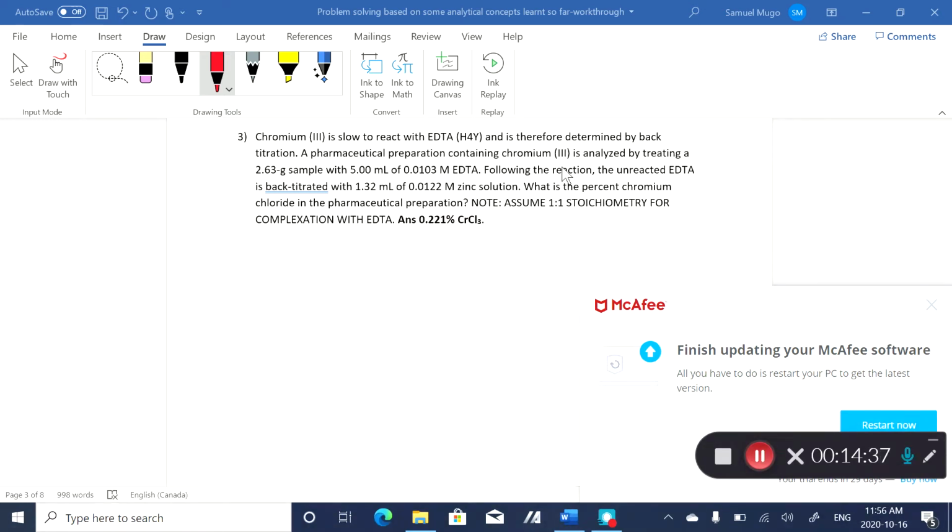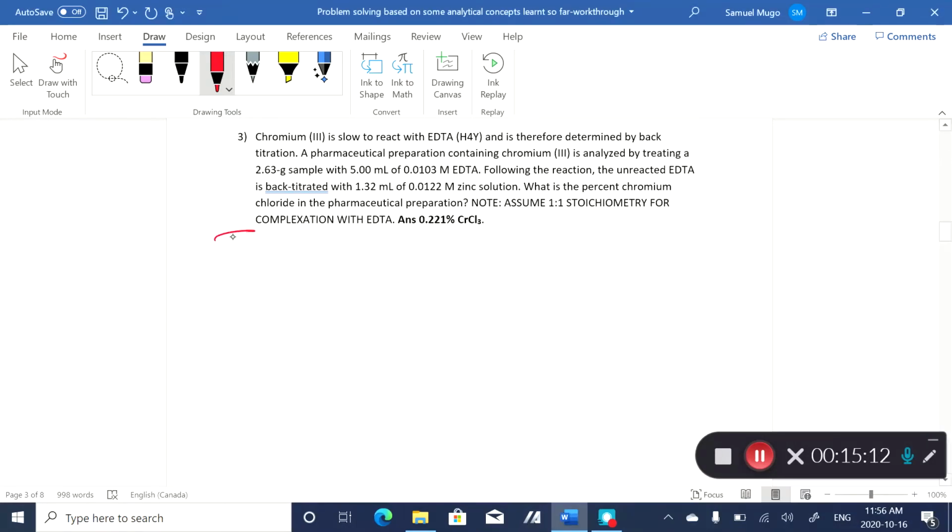And then following the reaction, whatever didn't react of the EDTA is back titrated with this number of mLs of another titrant, in this case, zinc solution. And so the question is, what is the concentration of chromium chloride in the pharmaceutical preparation in the sample? So what you need to do in this case is always start by writing the titration reaction.